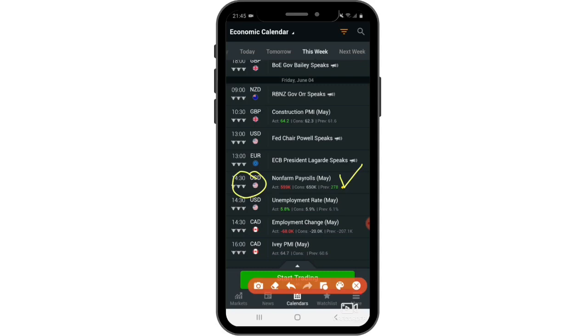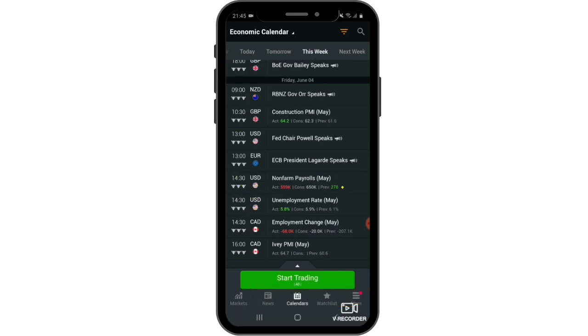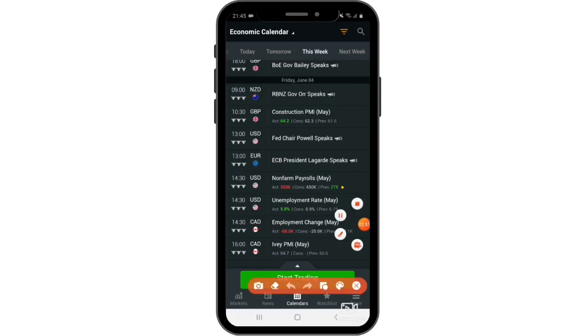Guys, I repeat, this only works on Nasdaq, not on any other US dollar pair. Let's be clear about that. So what are we going to be concentrating on? The data that the market gives us on investing.com: our consensus and our previous figures over here.